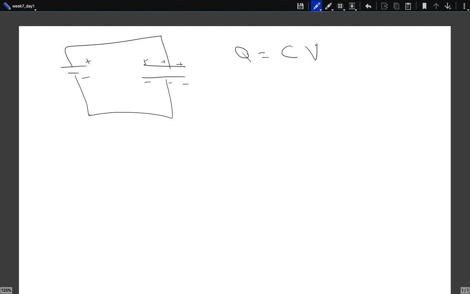So C depends on how you create this system, and C is independent of how much charge you put on the system. C is independent of Q and V. The proportionality of Q and V is independent of the shape of the system. C depends on the shape, whether you put a dielectric or not, and on all the other parameters of your system.